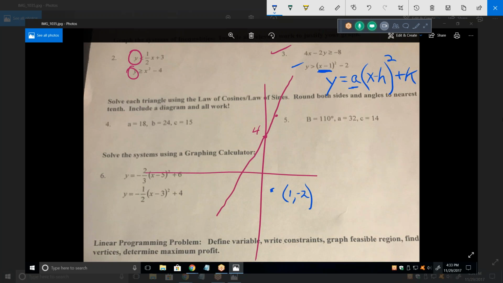Now understand this, that we're graphing this based on an equation. We're not worrying about the inequality yet. I've got to figure out where the graph goes. Then I'll worry about which side to shade. But you always start these things off by treating them as equations first in order to graph them.